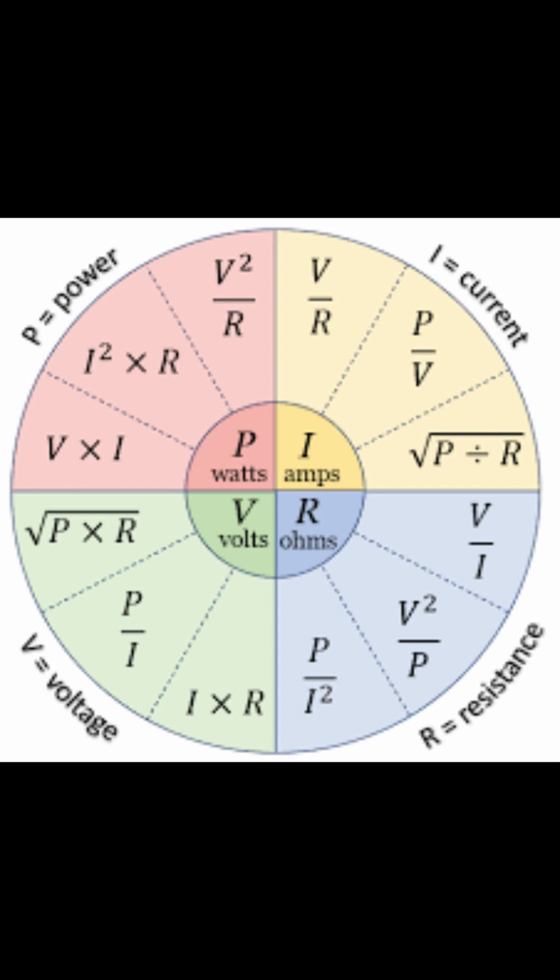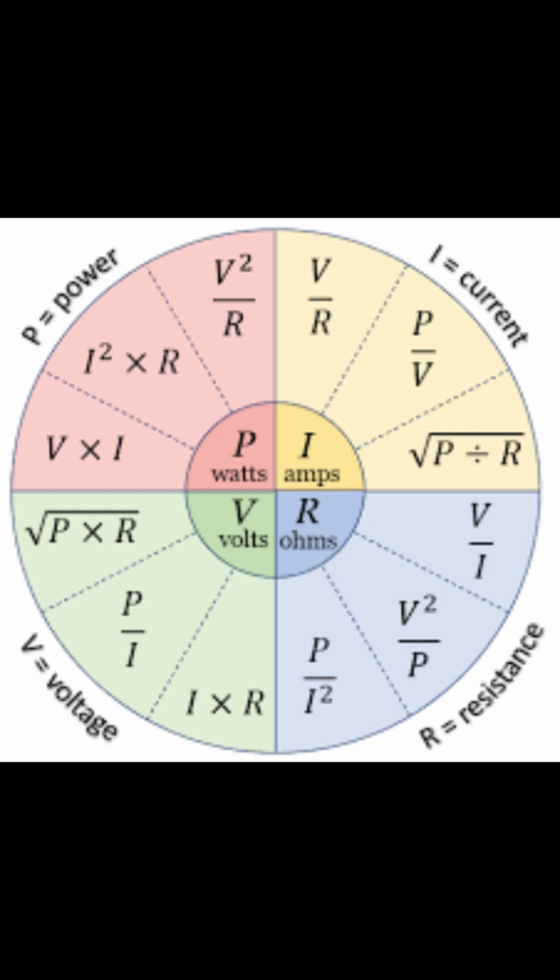The amp or ampere is named after André Ampere, a scientist who lived from the late 1700s to the early 1800s. Ampere is most famous for his work dealing with electromagnetism, which will be discussed in a later chapter.